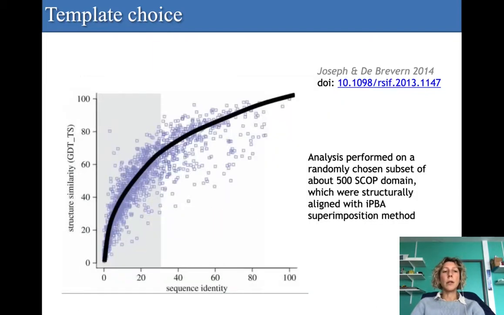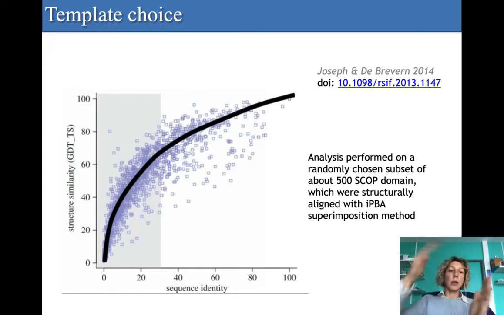So here you again have sequence identity against structure similarity measured by the GDT-TS, which is a classical measure to assess the quality of a 3D model. So again, we can define this strip corresponding to below 30% and above 30% sequence identity. And you can see that the slope changes between these two regimes.